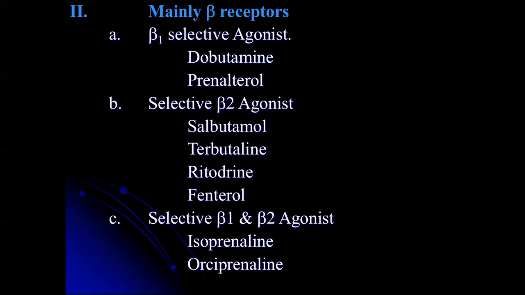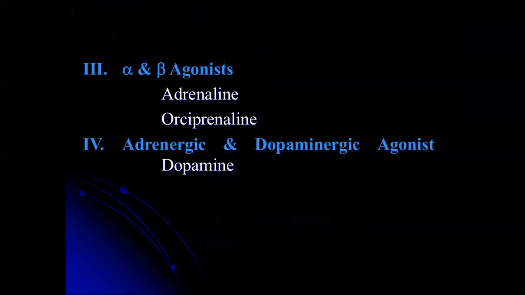However, some drugs have selectivity for both receptors in higher doses. In some cases, some drugs lose their selectivity, and in higher doses they can become non-selective. Alpha and beta agonists include adrenaline and isoprenaline, and adrenergic dopaminergic agonists include dopamine.